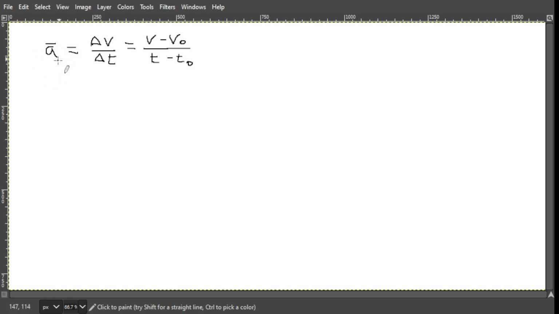Remember, the average acceleration is like the average velocity, in the sense that it is the acceleration that will give you the same change in velocity over the same time interval as the net effect of a variable acceleration did. So a variable acceleration could give you a change in velocity over a change in time, and that variable acceleration, of course, is not constant.